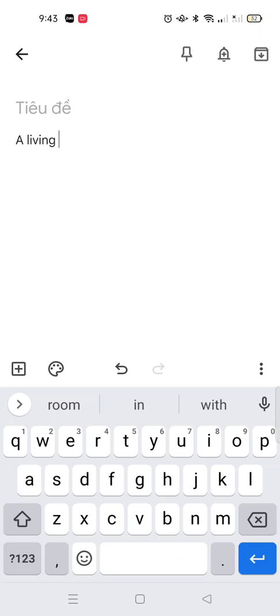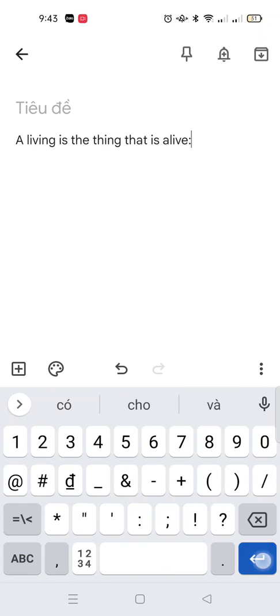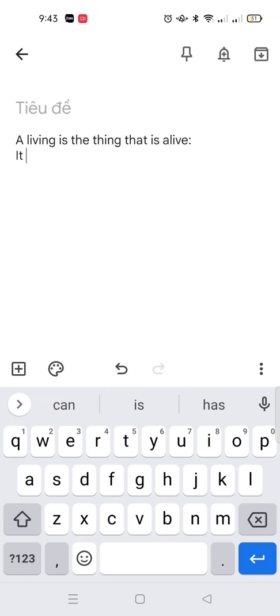A living thing is a thing that is alive. What is alive about it? It can grow.